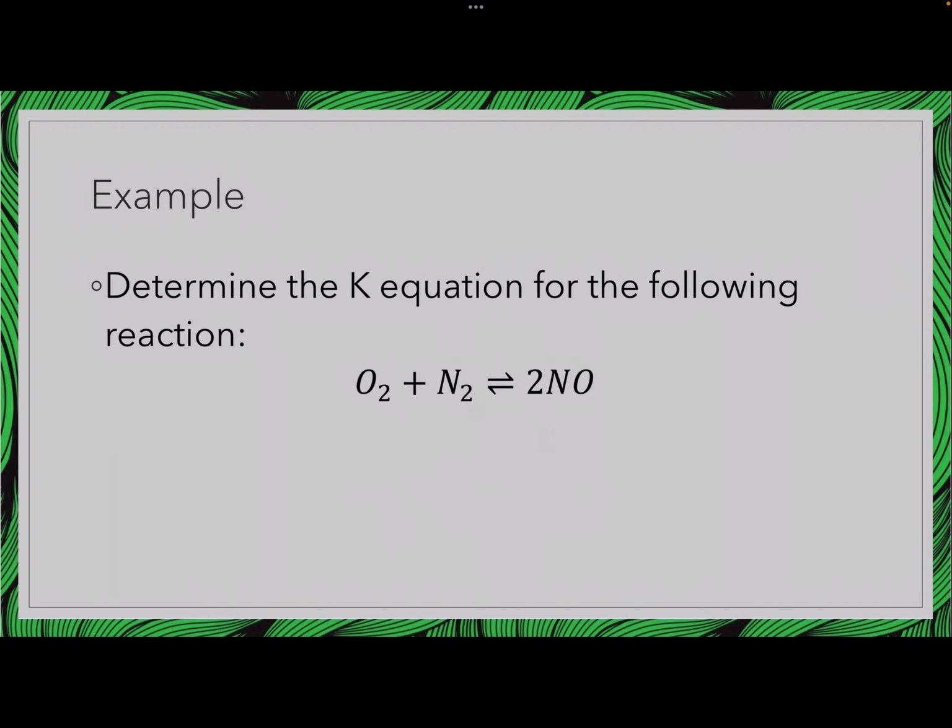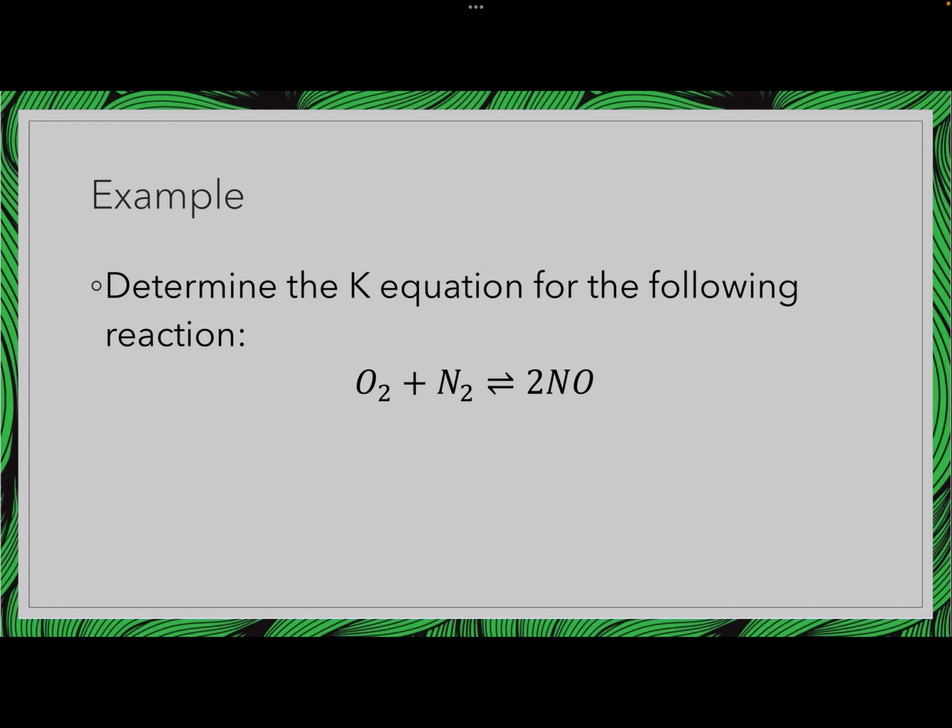Another example: oxygen plus nitrogen gives us 2 nitrogen oxide. Again, it's products over reactants equals K. So we're going to do the products at the top. Our product is NO, over the reactants: the concentration of nitrogen times the concentration of oxygen.